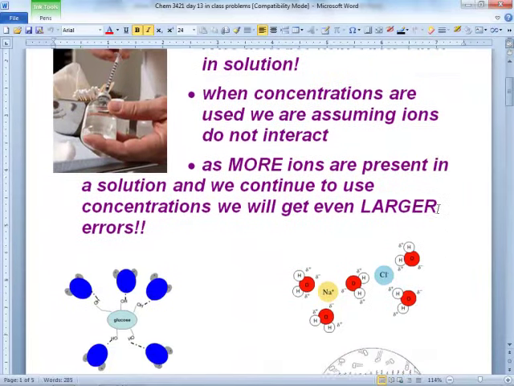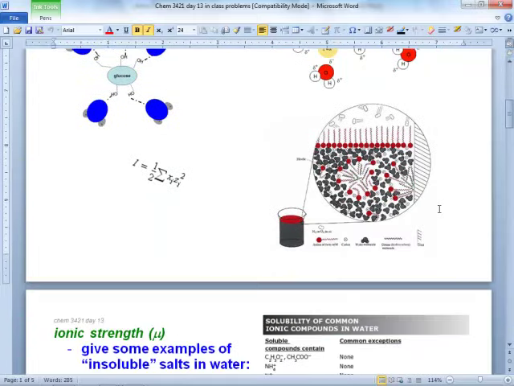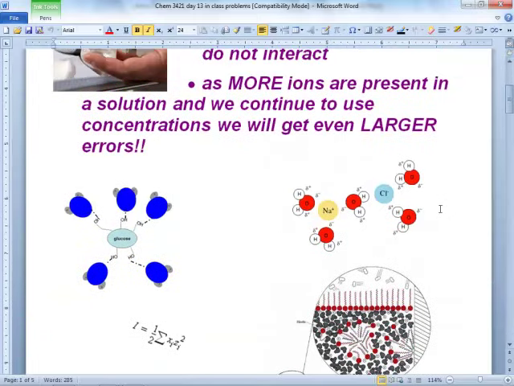Okay. What is the activity of, if you have a 0.2 molar solution of glucose, what is the ionic strength of that solution? It's in pure water.